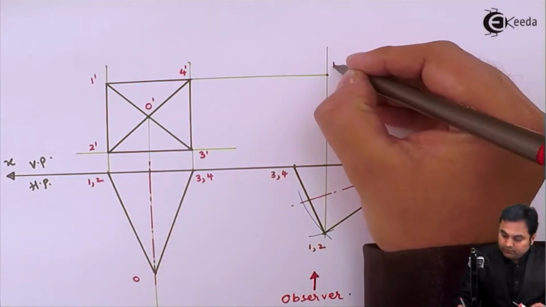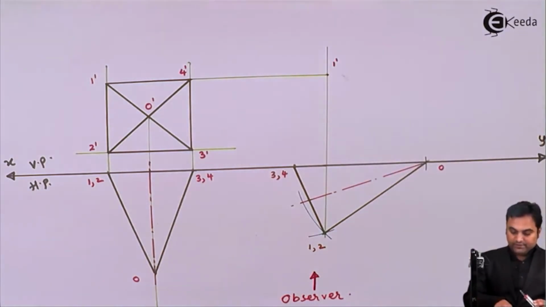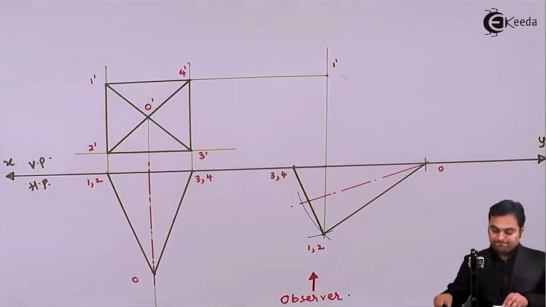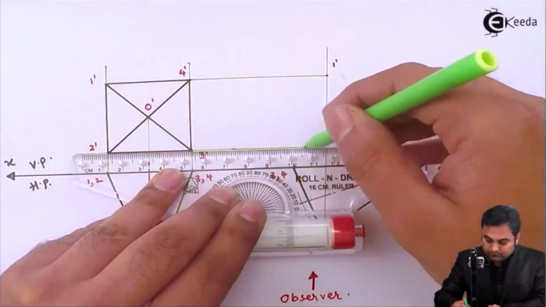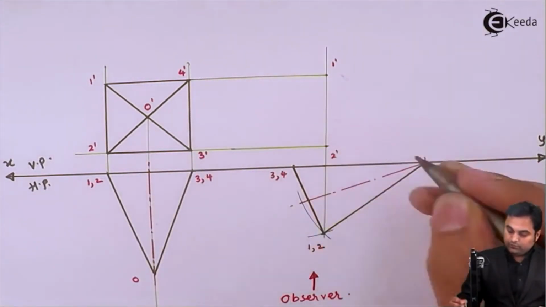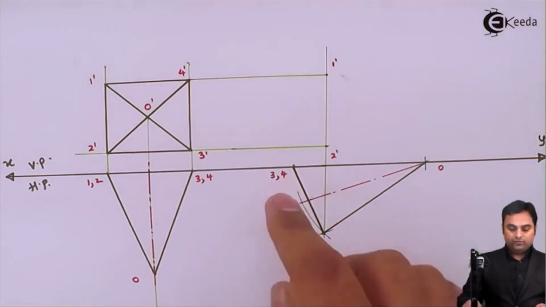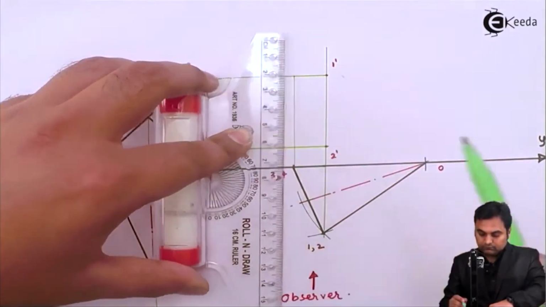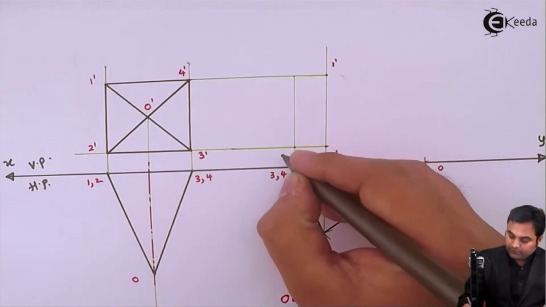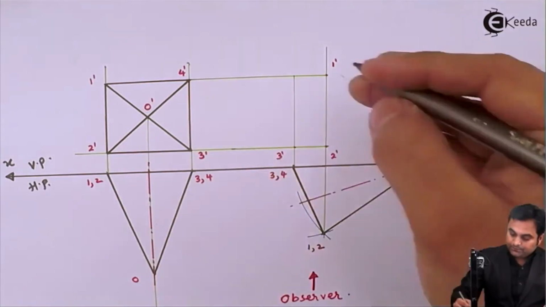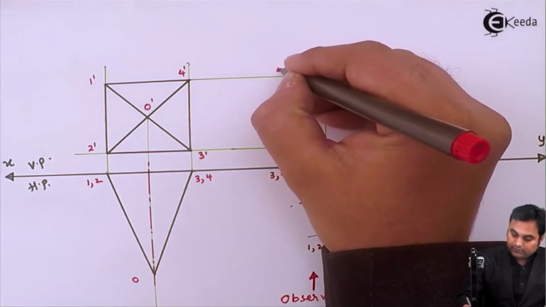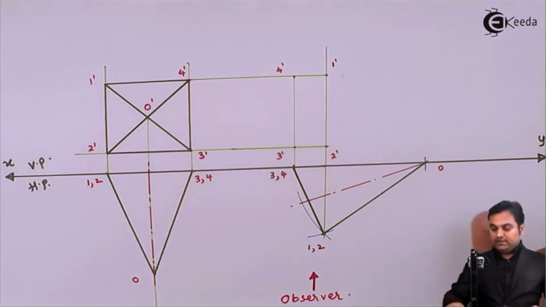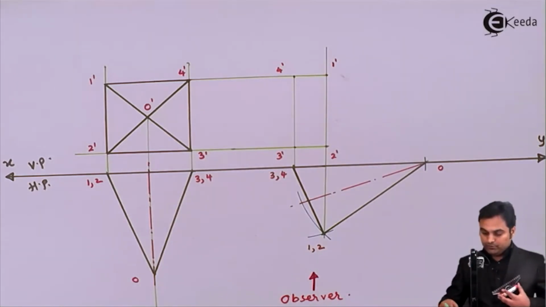This is point 1 dash. Next, point 2 is on the same line as that of point 1. 2 dash. Next, 3 and 4. So here is point 3 dash and 4 dash. Next, there is apex O which needs to be projected.